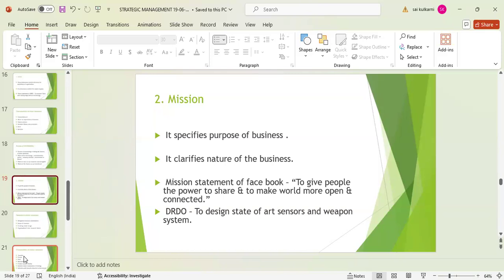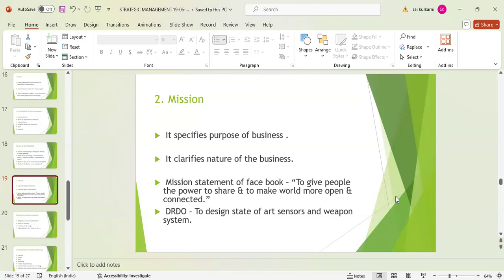We can say that the mission statement is related to the present tense. So simply we can say that to achieve your future dream, what you have to do in the present, that is the mission statement. Are you getting my point? What you have to do now is the mission statement.